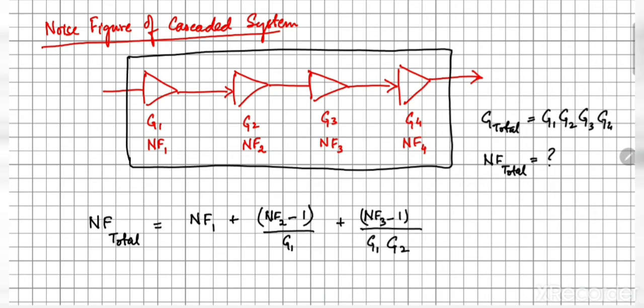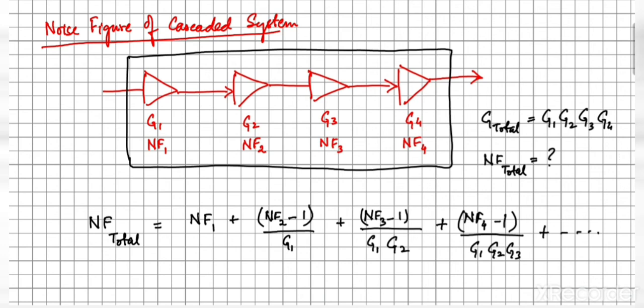The noise figure of this particular block contributes to the overall noise figure by this factor, NF3 minus 1 divided by G1 times G2, plus NF4 minus 1 divided by G1, G2, and G3. And this may, of course, continue if there are further components in the chain.